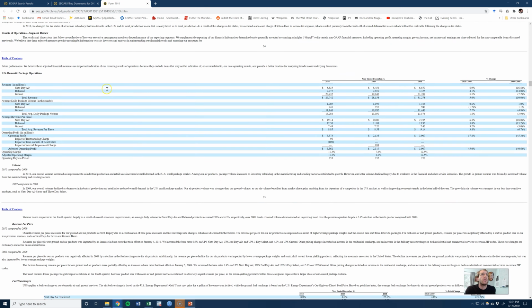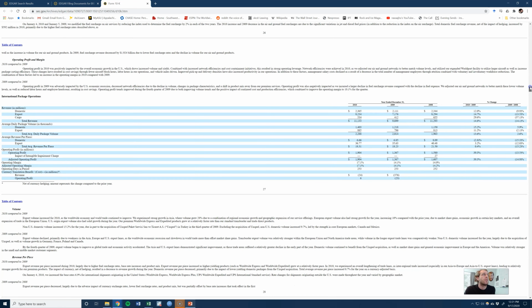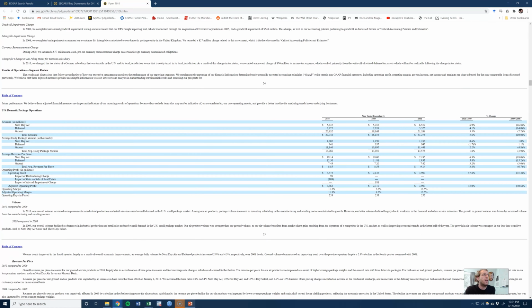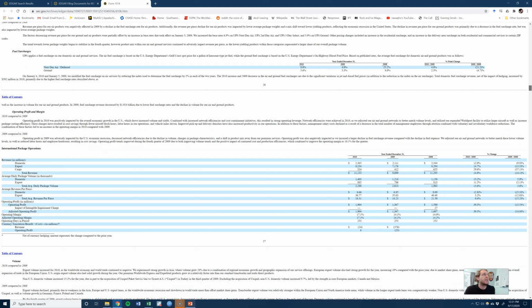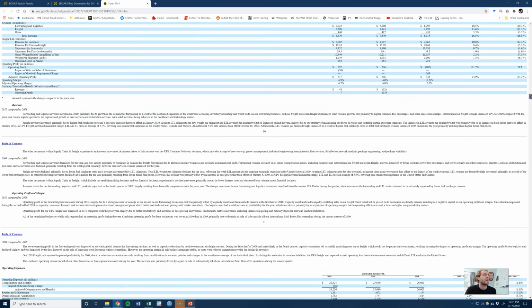So just get a sense of how big these statements are. I mean, I'm scrolling through here. They're breaking down the margin by sector. So this is their U.S. domestic package operations, their international package operations, their supply chain and freight.